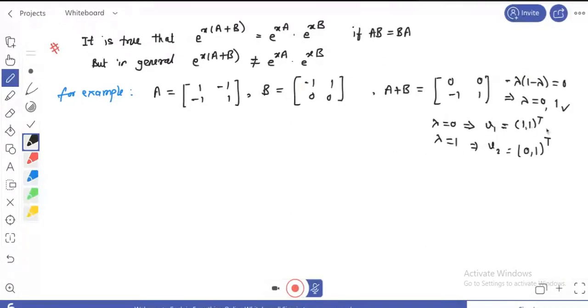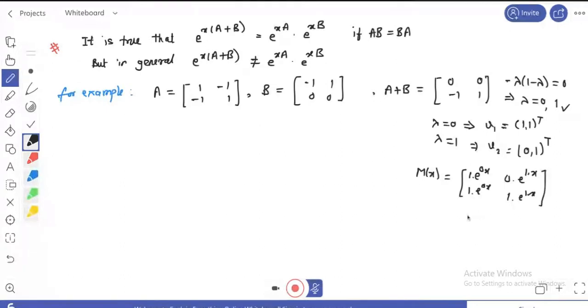Okay, so what is your fundamental matrix Mx? Here you write these eigenvectors: 1 1 and 0 1, and what is the exponential of 0x? Exponential of 0x is for your first eigenvalue, and here exponential of 1 into x, and here exponential of 1 into x.